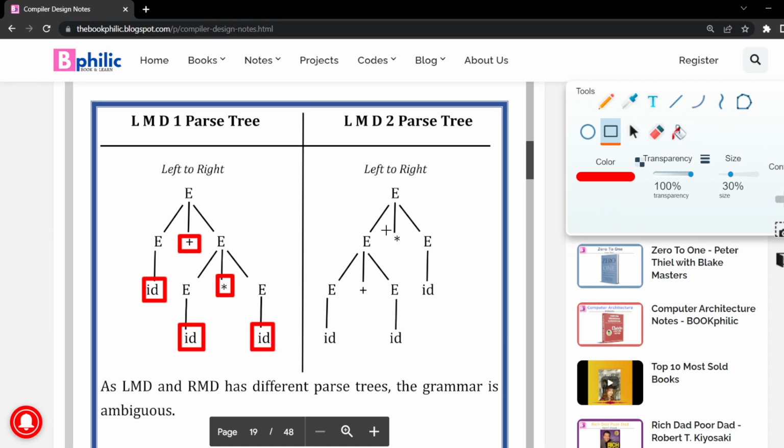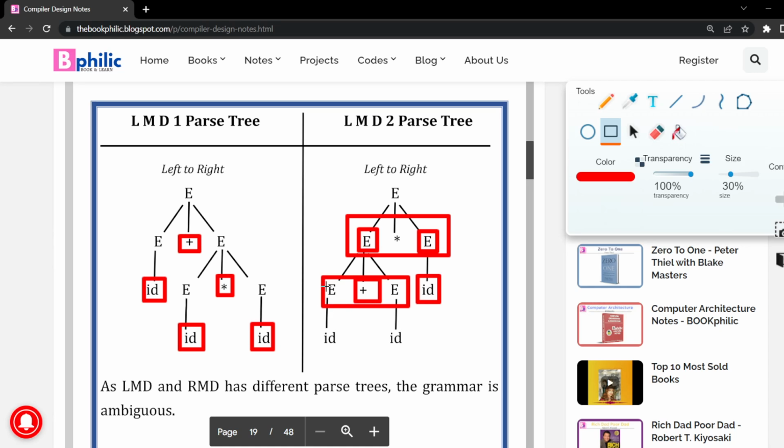Now in this case we are going to take another production rule, that is E star E. So we will try to generate the same syntax using another way. We are going to derive this capital E because we need this plus symbol in order to generate id plus id star id. That's why we are deriving this capital E into E plus E, and this capital E will be derived into id.